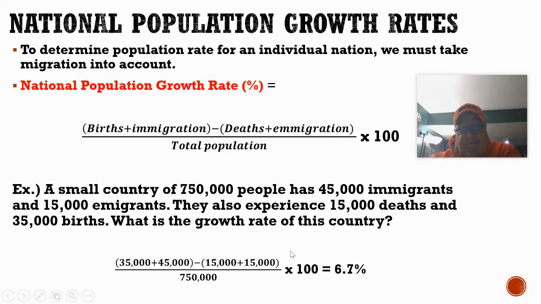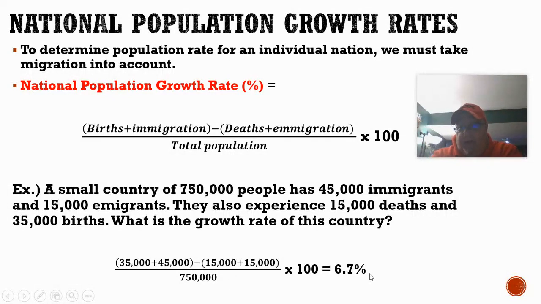So there's 35,000 births, right? There was 45,000 immigrants. There's 15,000 deaths, and there's also 15,000 emigrants. So you just do the math there, divide that by 750,000, times it by 100, you get 6.7%.